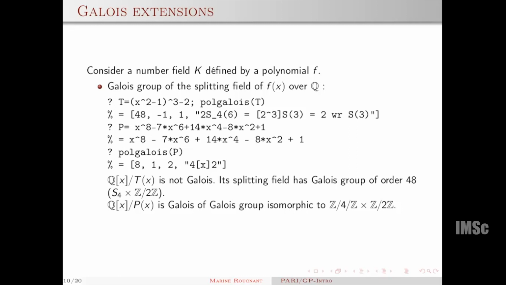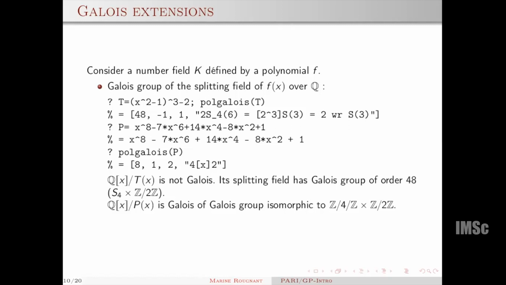If your extension is a Galois extension, it will give you the Galois group of K over Q. But if your field K is not Galois, then it will give you the Galois group of the splitting field. So here, for example, I have a polynomial of degree 6, so I define an extension of degree 6. And the Galois group is of order 48. So it's quite larger. That means that the field defined by T is not Galois.